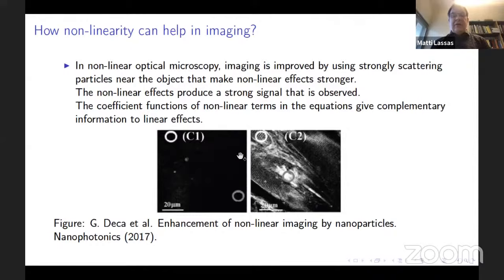Then one has introduced small, strongly scattering particles, these kinds of nanoparticles, close to the medium, which boosts up locally the signal so that nonlinear effects become visible and the image quality gets much improved. And the point is that physicists use nonlinearity to produce strong signals and also to get complementary information, because usually the coefficients of the nonlinear terms in the equations give very different information than the coefficients corresponding to the linear effect.